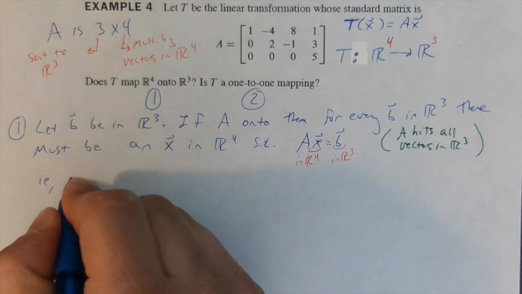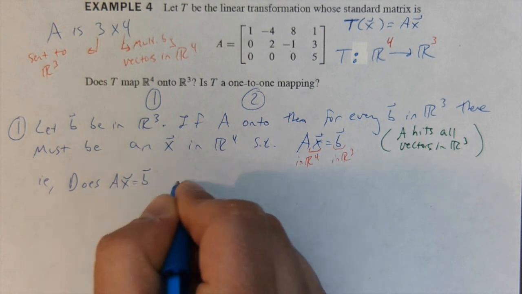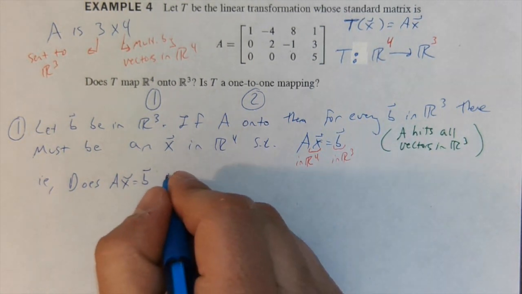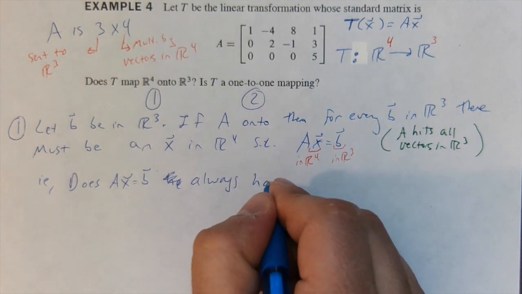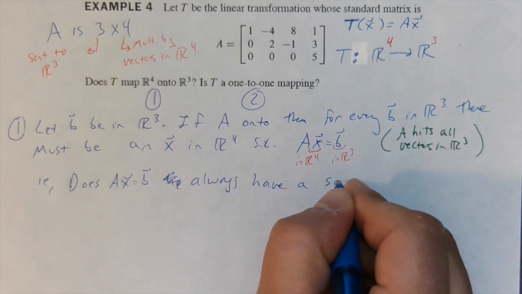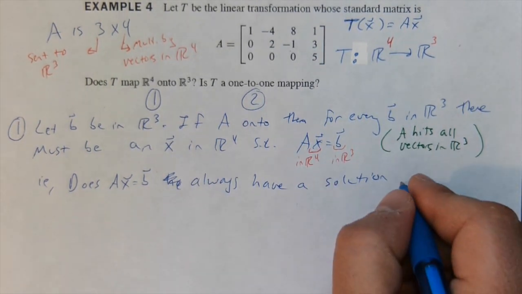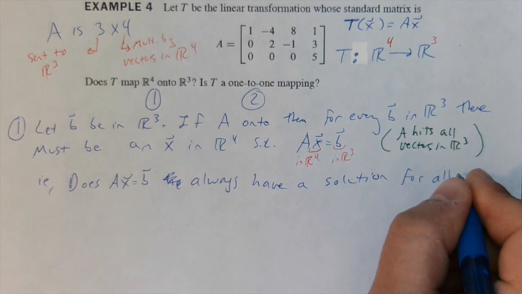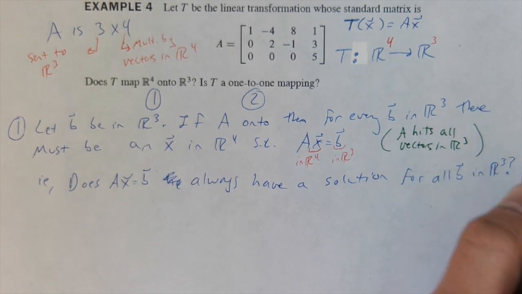I.e., the real question here is, does Ax = b always have a solution? And again, b is in R3, and so I'll say for all vectors in R3. That's what this question is asking us, right?